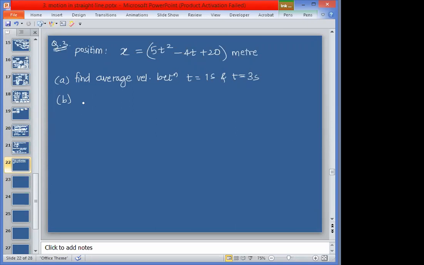B, find velocity as a function of time. You have position as a function of time, and they are asking velocity as a function of time, v of t.